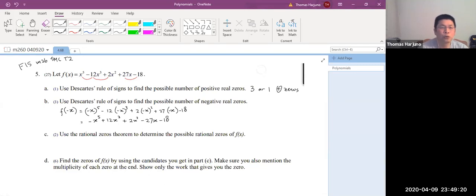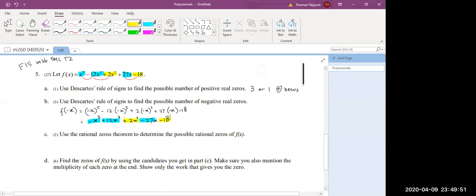Now, if you do this enough number of times, you will see a phenomenon: if you replace x by negative x in a polynomial, then only the odd exponents will change sign. You see that? Only odd exponents will change sign. The ones with even exponents will stay the same sign.